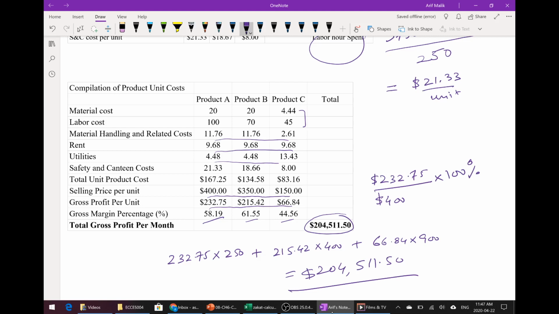As an example, I have also put one problem, 6.5, with the solution in Moodle, so you can look at that as well. And that's all for ABC costing.